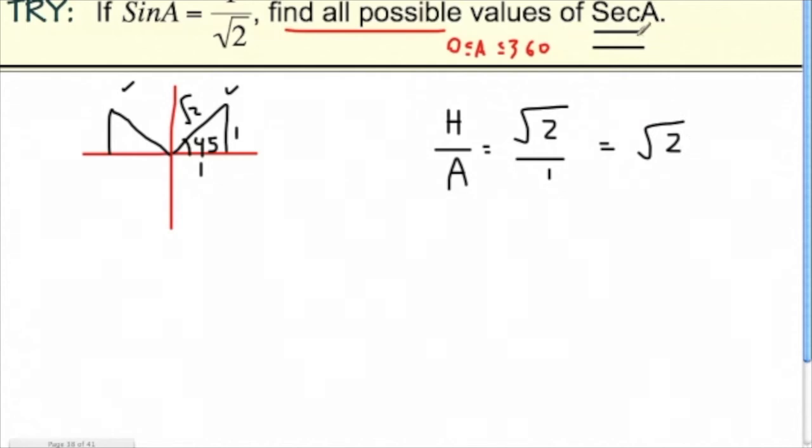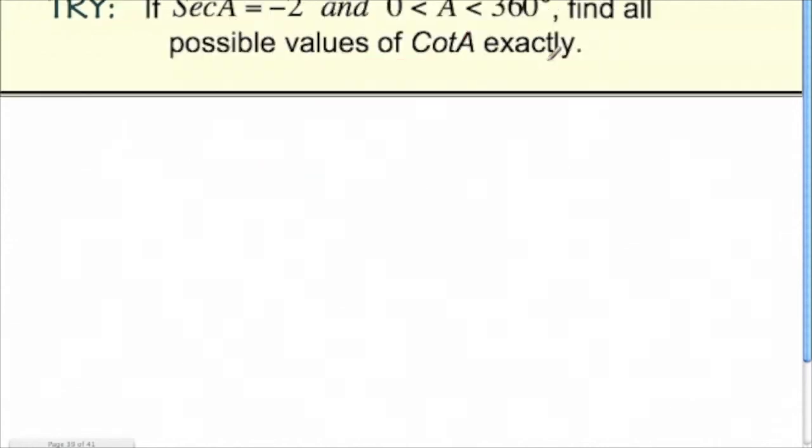Now secant is positive in this quadrant and negative in that quadrant. So make sure you put a plus and a minus. I'll give you a big hint. When you see this between 0 and 360, your answers are always going to be plus minus.